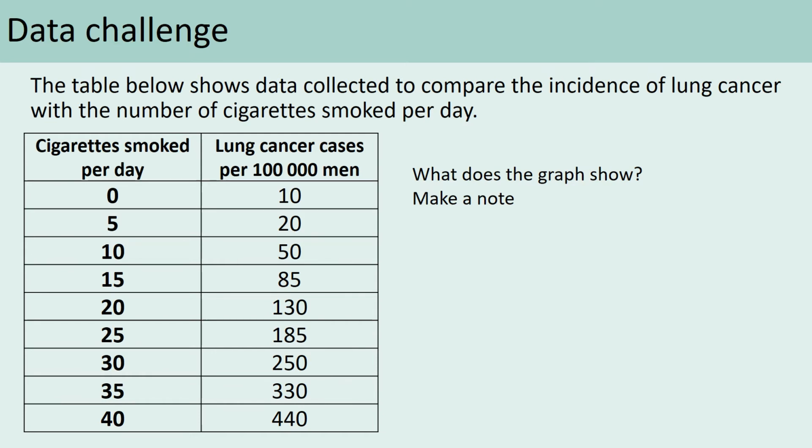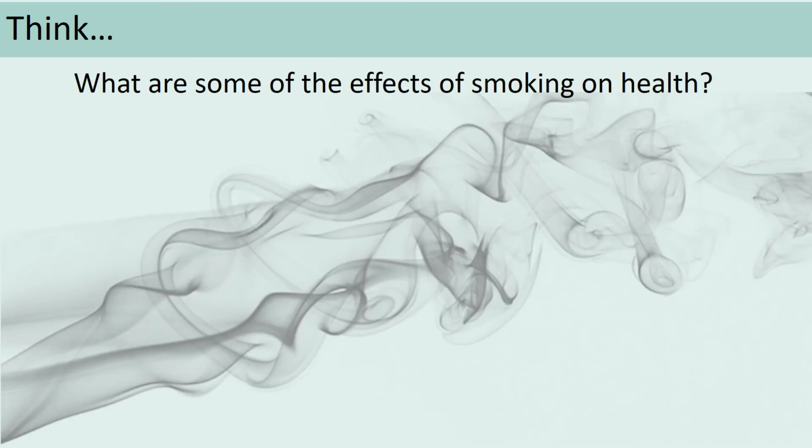If it was different types of cancer, we might not be as sure. There might be other things involved. But for lung cancer cases, we know definitively that the cigarettes are causing those cases of lung cancer.